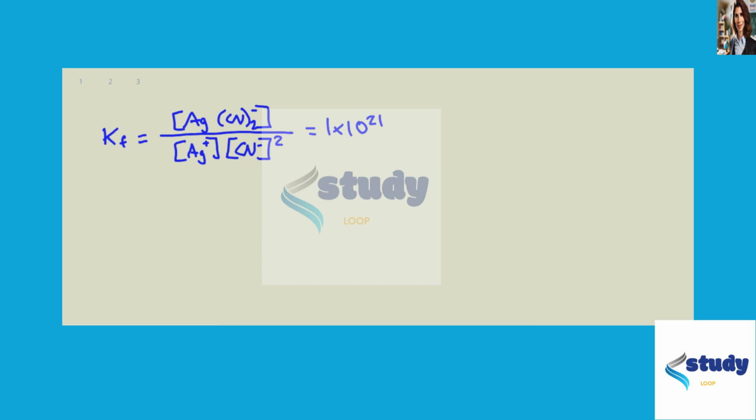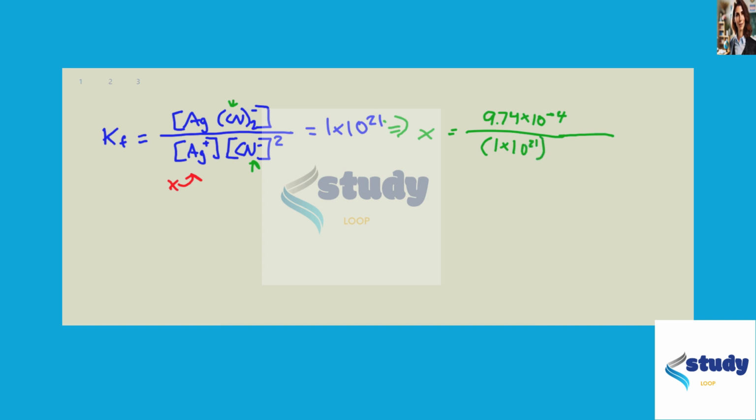So we're going to put X in for the silver plus concentration, and then we can plug in all the rest of our values. So we plug in our concentrations and then solve for X. X will be equal to 9.74 times 10 to the minus 4, which is our concentration for the complex ion, and then our Kf moves to the bottom, 1 times 10 to the 21st.